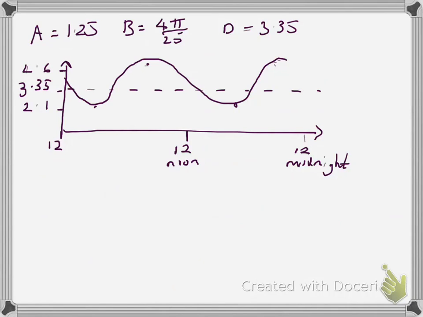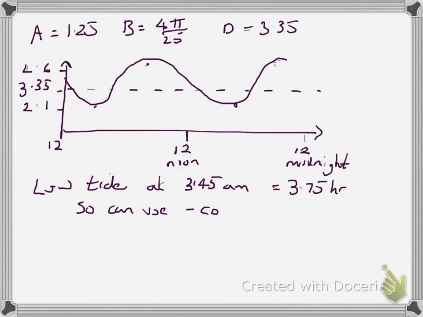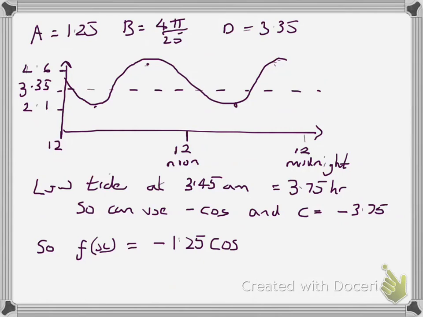So I'm looking at this and going, well, there's a negative down here at 3 hours and 45 minutes. So my first low tide is at 3 hours and 45 minutes, which is 3.75 hours. So that means I'm going to use a negative cos, and my C value is 3.75. So that gives me my function. I've now got negative, because it's a negative cos graph, A, 1.25, cos of B, 4 pi over 25.